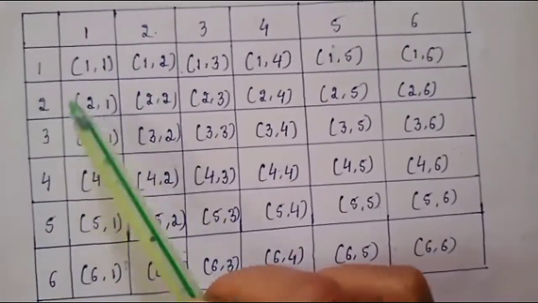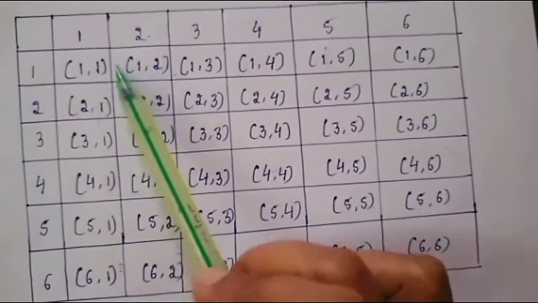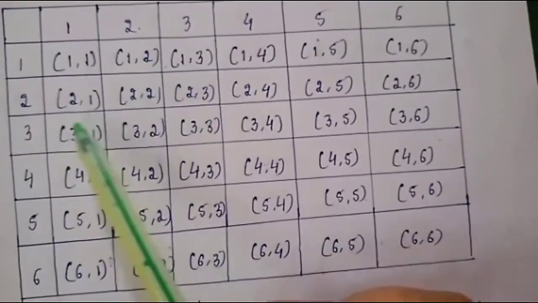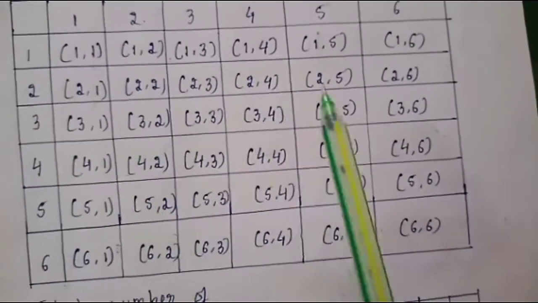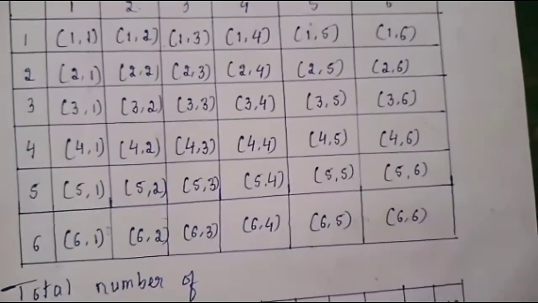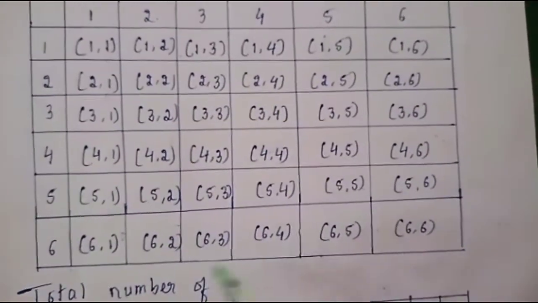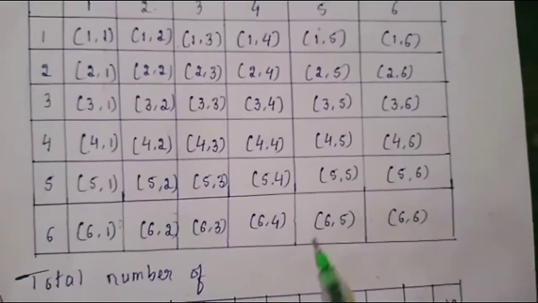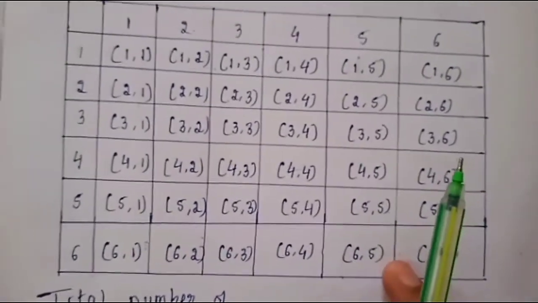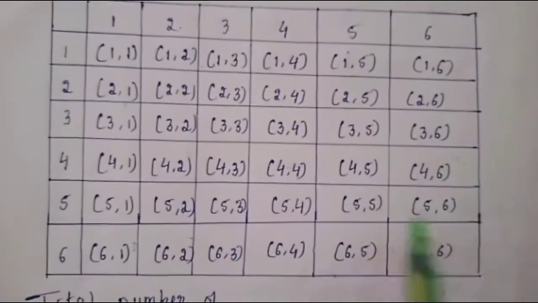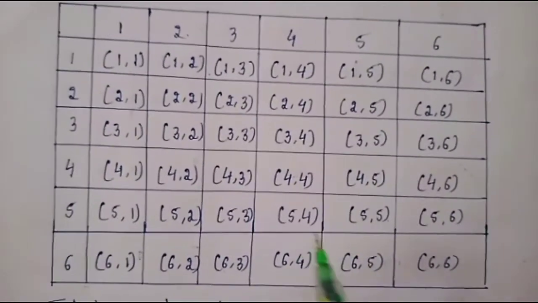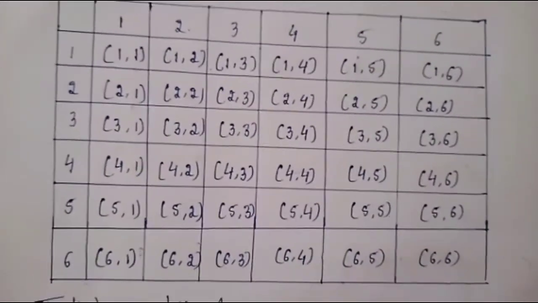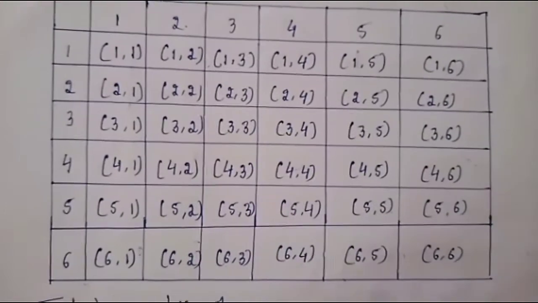This is of the second die and this is of the first die. 2, 1. 2, 2. 2, 3. 2, 4, 2, 5, 2, 6. So go on writing. You get the total number of outcomes. If you count this, we get 36 outcomes. When you throw two dice, we get 36 outcomes.